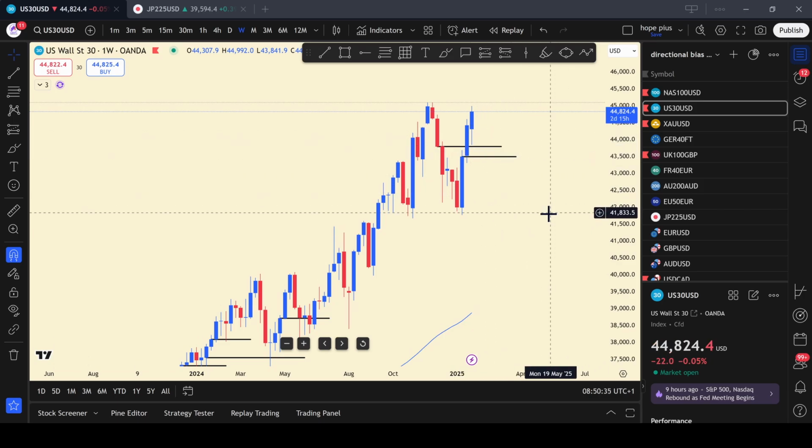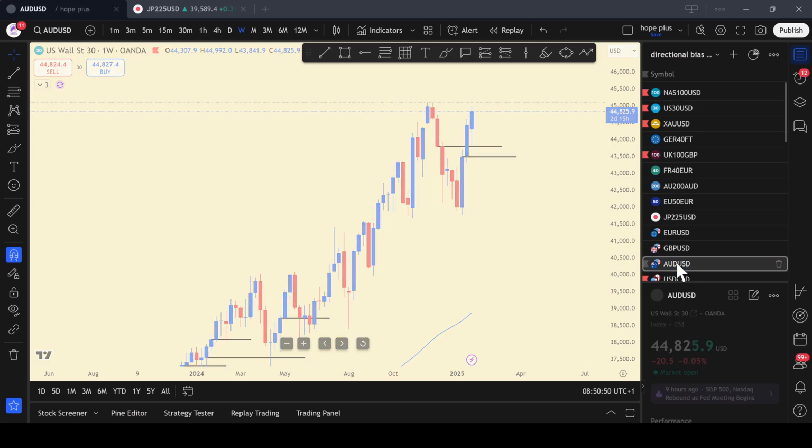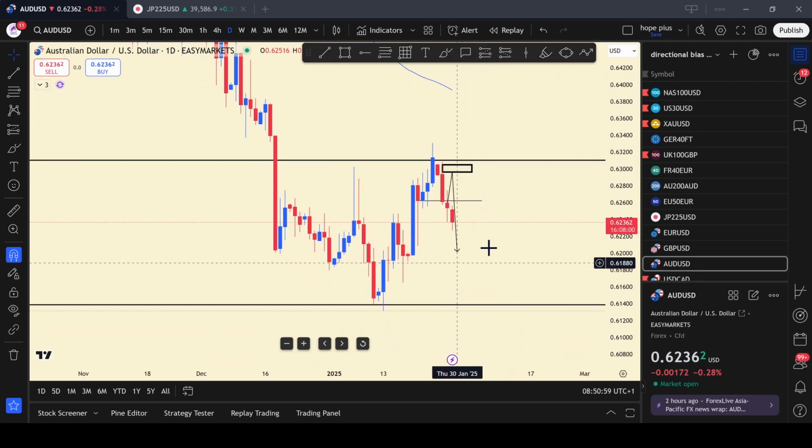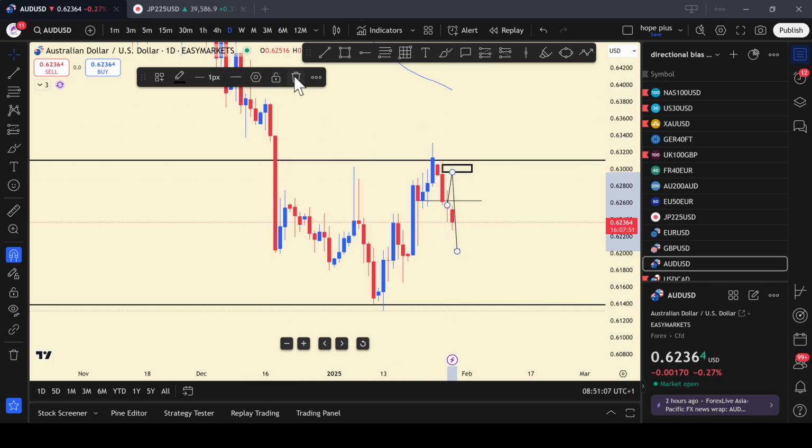So let's take a look at, I sent out a free analysis on AUD USD for a bearish trade. But before then, what I was saying is this: we have the market bearish. And as that, when I put up the trade, I was expecting the price to come here.